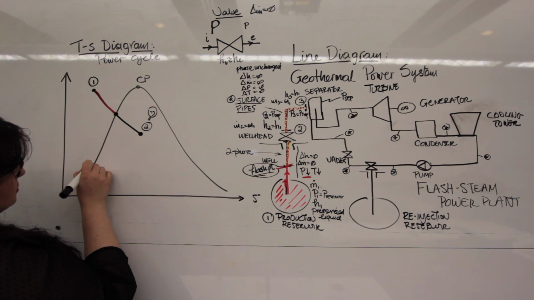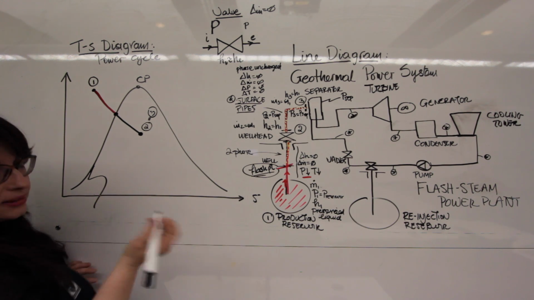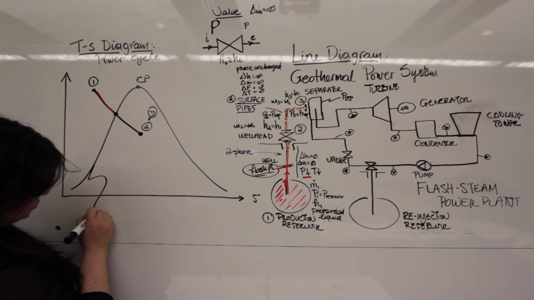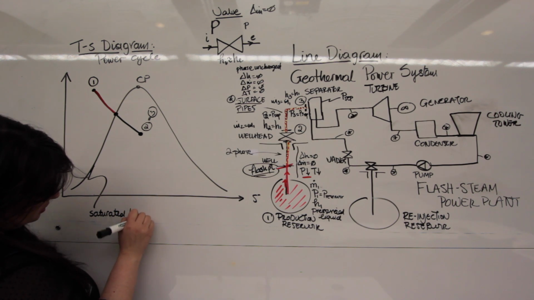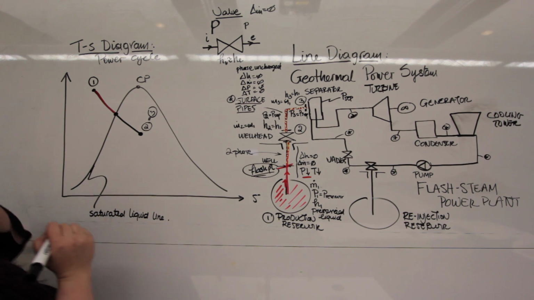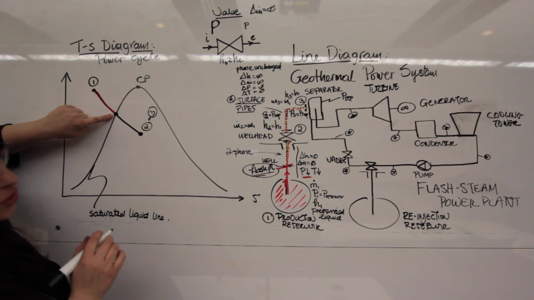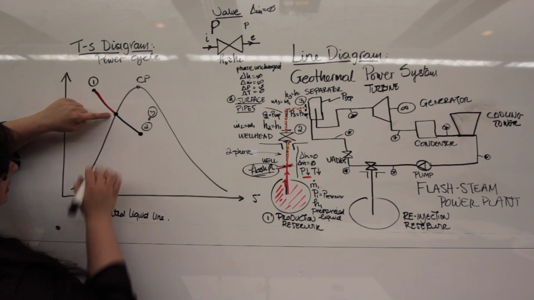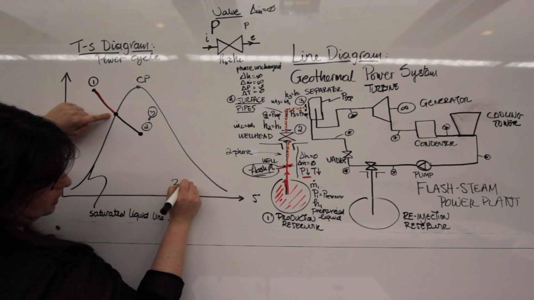What's this line? So I'm touching this line, and we said this line is the saturated liquid line. Any further drop in the pressure will result in my properties entering the two-phase zone. So here we got two-phase.